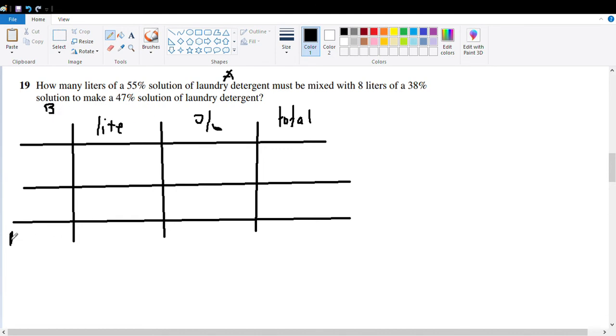So this is our new solution, our A and our B. Now let's split it up. Detergent A is 55%, so we'll just put 55, and our detergent B is 38%.